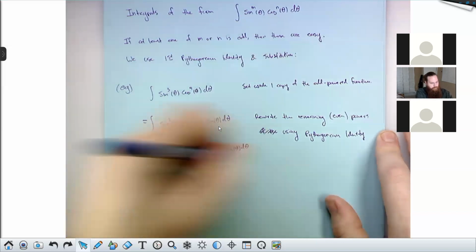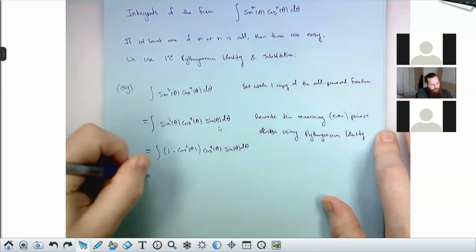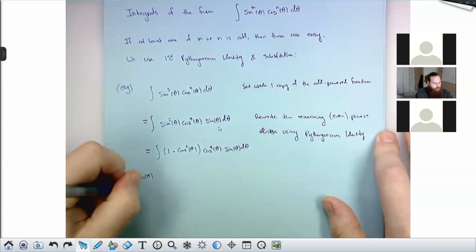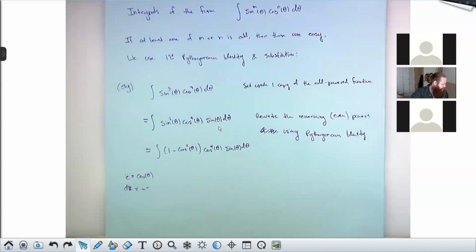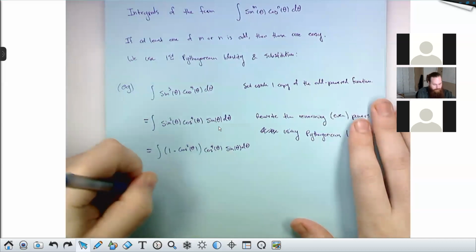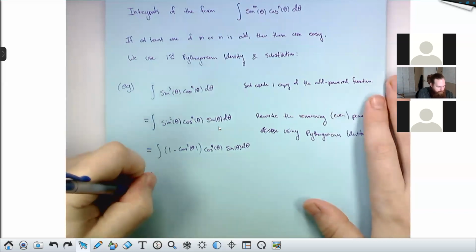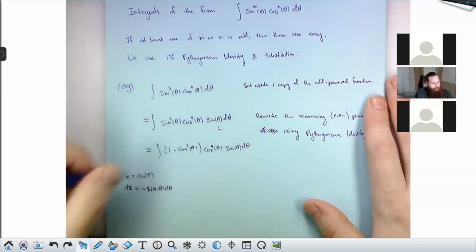So if I sub z equals cos theta, then dz, damn, my pen's dying too. Then dz is negative sine theta d theta.